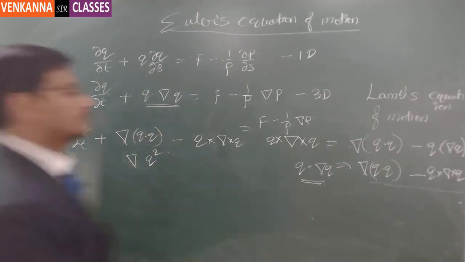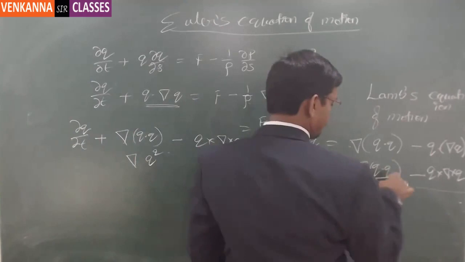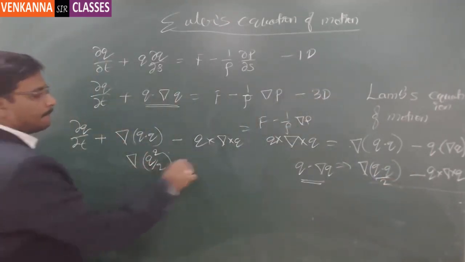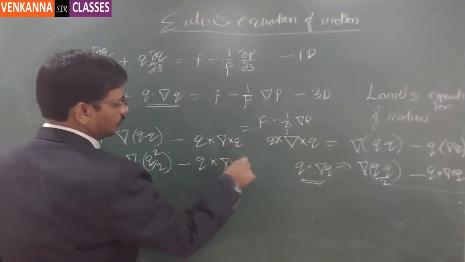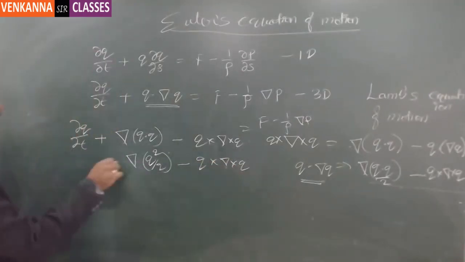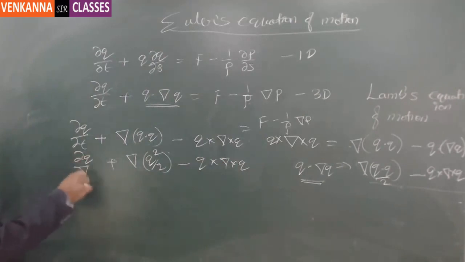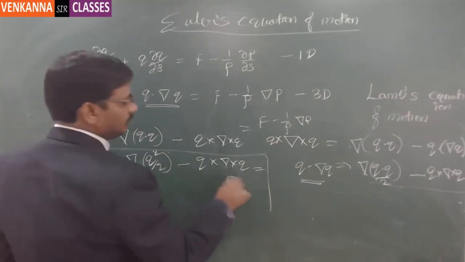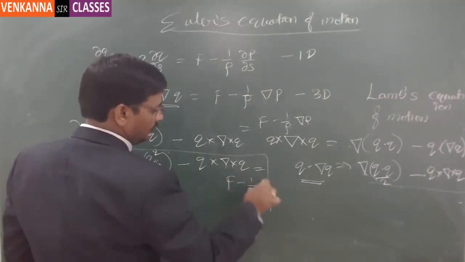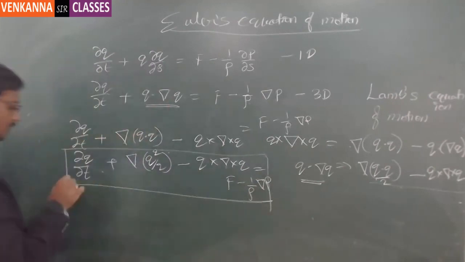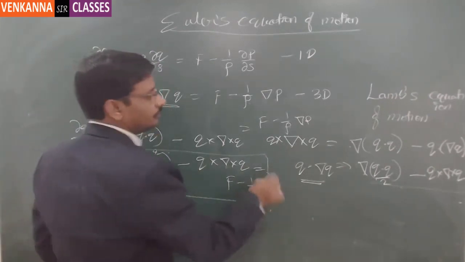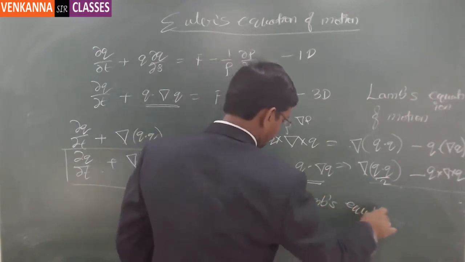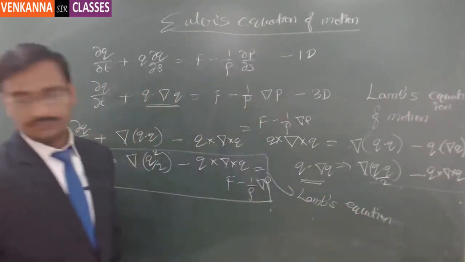This is q dot q, then this will be q square by 2 minus q cross del cross q. So this equation, dou q by dou t and so on, is equal to f minus 1 by rho into del p. This equation is called the Lamb's equation.